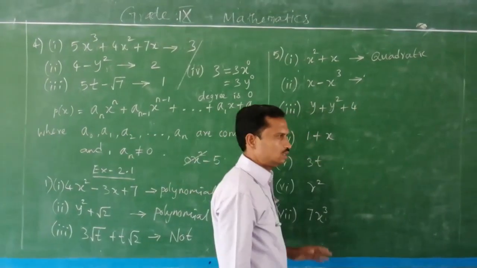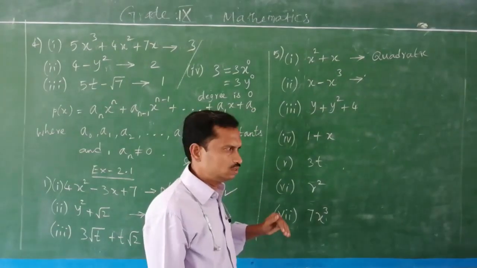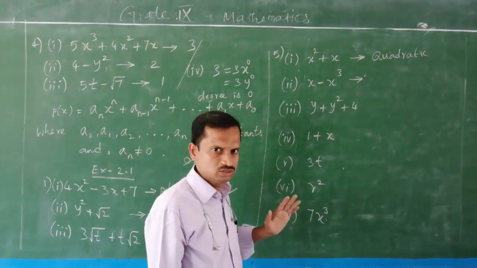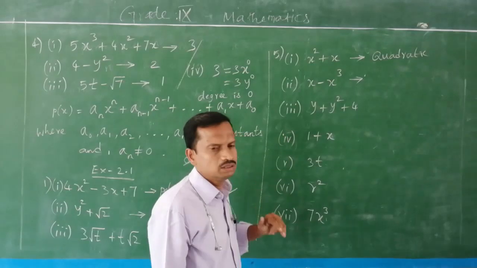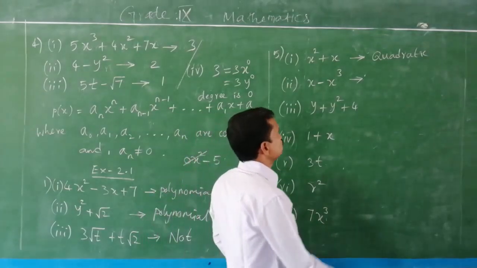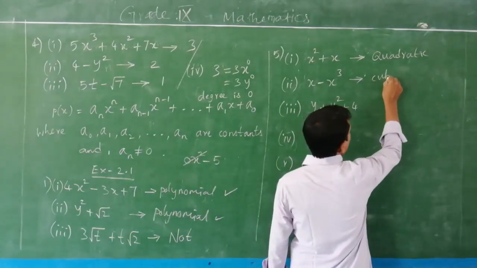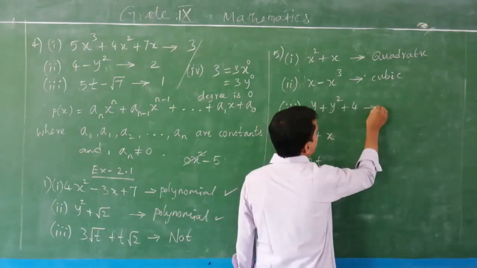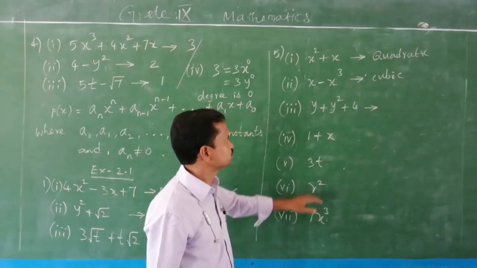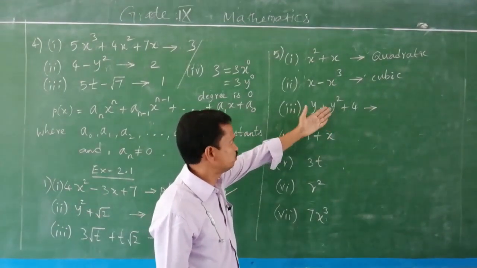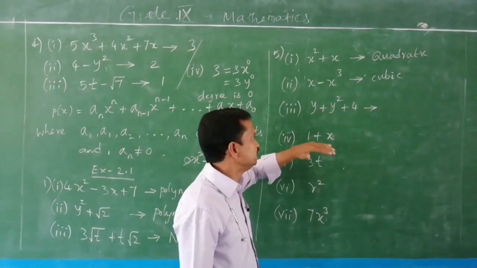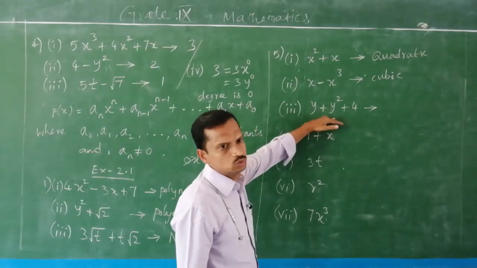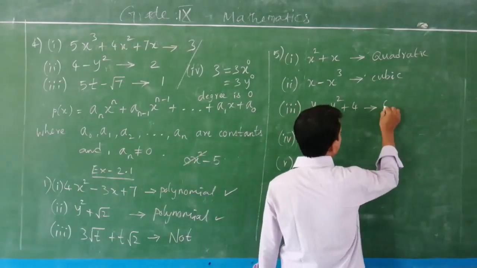Just observe what variable is given and what the highest power of the variable is, that is the degree. So the degree is 3, which means it is a cubic polynomial. In this one, the variable is y and the highest power is 2, so the degree is 2. Therefore it is quadratic.